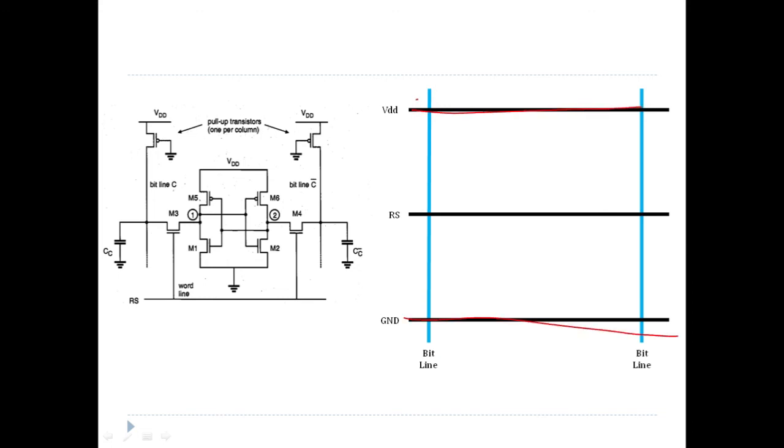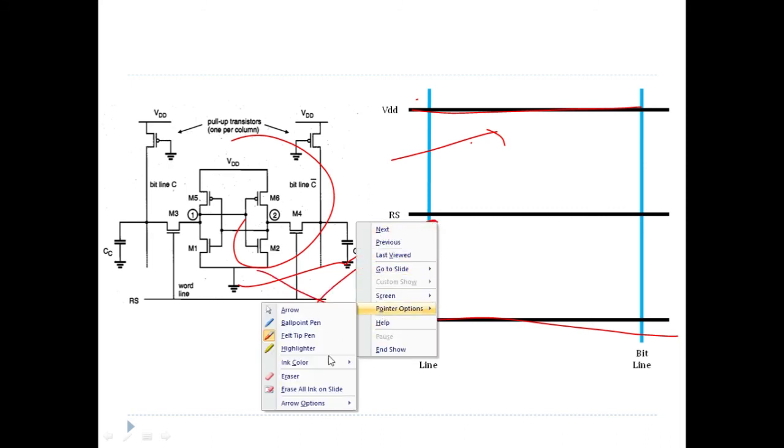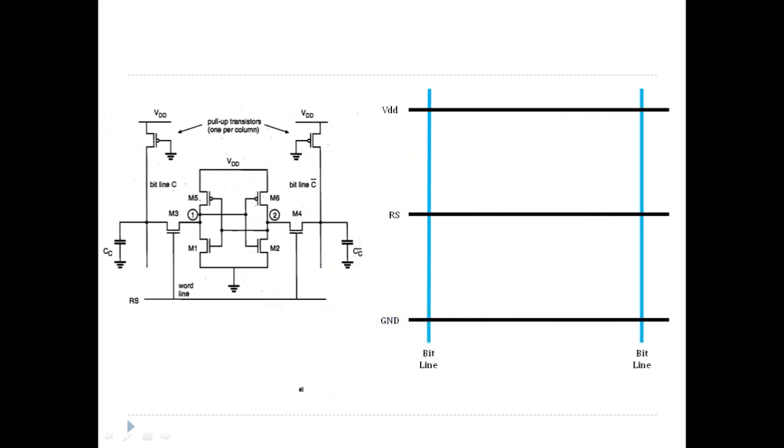That's a convention, and that's why, even though RS and ground are here, we could have drawn it here if we had a one-to-one relation between this diagram and the stick diagram. But according to the convention, ground has to be at the bottom. That's why it is drawn here, and RS is drawn here. You can draw with the one-to-one relation also, but if you want to follow the convention, it should be like this.